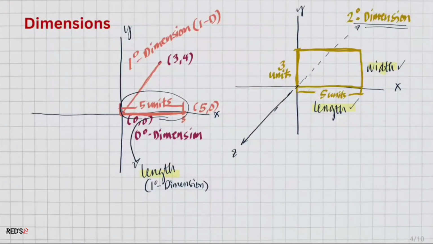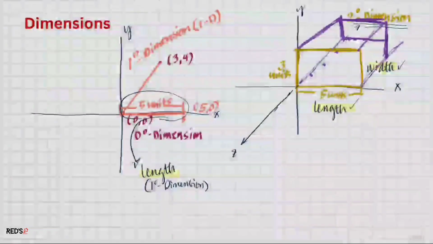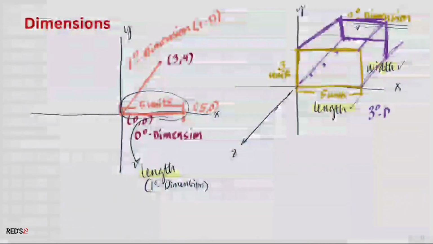So if you have a measurement, for example, 1, 2, 3, 4 units along the z-axis, and extend that there, extend it there, and then make parallel lines for the width and the length. Now you have what we call a 3-degree dimension.